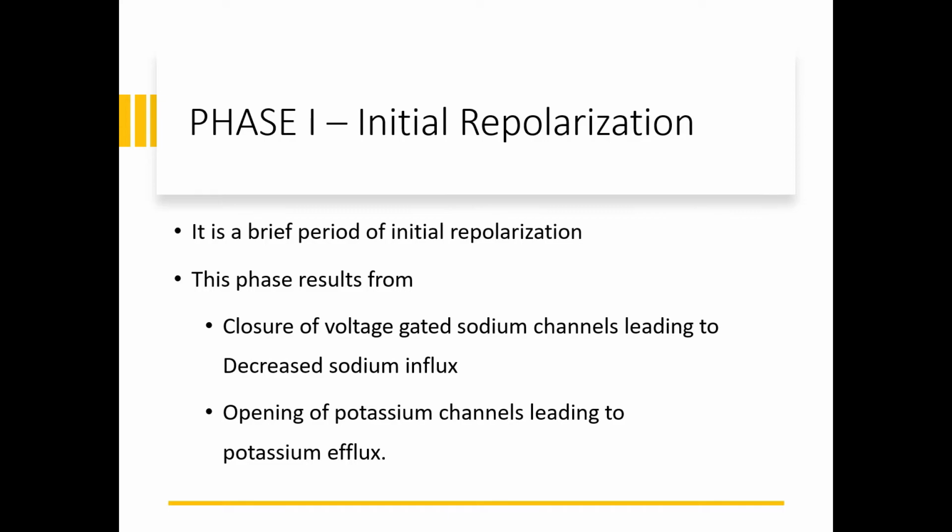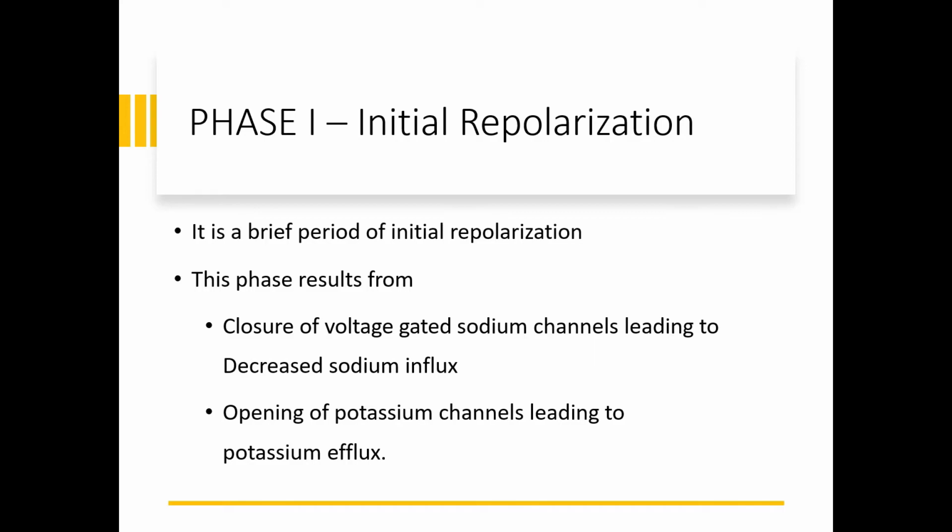So the potassium wants to move from inside to outside. During phase 1, remember, two things happen. First, the voltage gated sodium channels will be closed, and there are some potassium channels, not basically the main voltage gated channels. There is some opening or leakage, you can say, of the potassium, and potassium will move from inside to outside.